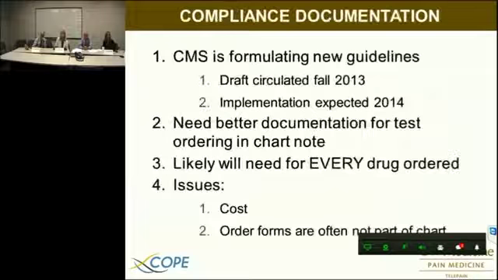especially with respect to safety as well as who benefits. So CMS is going to formulate new guidelines about urine drug testing, and they're concerned about cost, as the government often is, and insurance companies are. Document why you're doing the urine drug testing, and if you're going to do confirmatory testing, think through why you need it and put that down in your chart note.